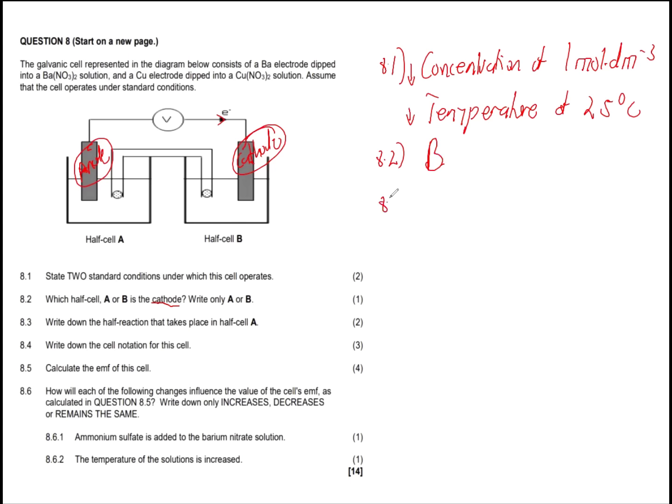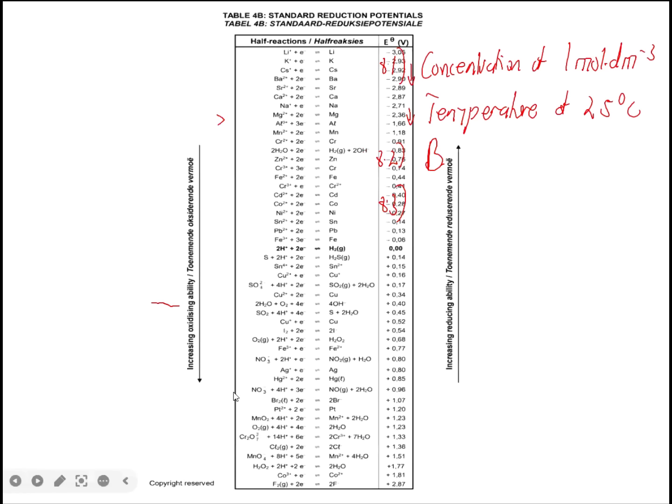And then 8.3 says, write down the half reaction that takes place in half cell A. So in other words here, we must check our table 4B to see whether the barium or the copper is the anode. Remember, in half cell A, we have identified that now that is the anode. So we want to compare between the barium and the copper, which one is the anode and which one is the cathode.